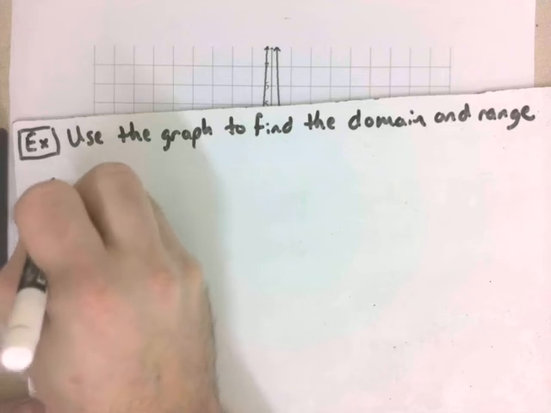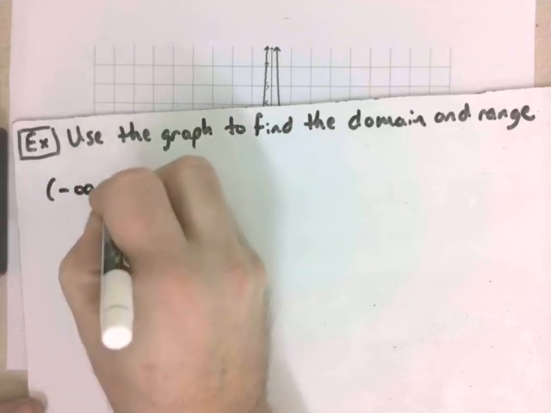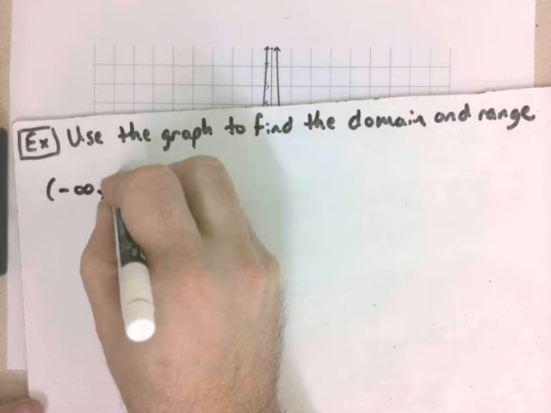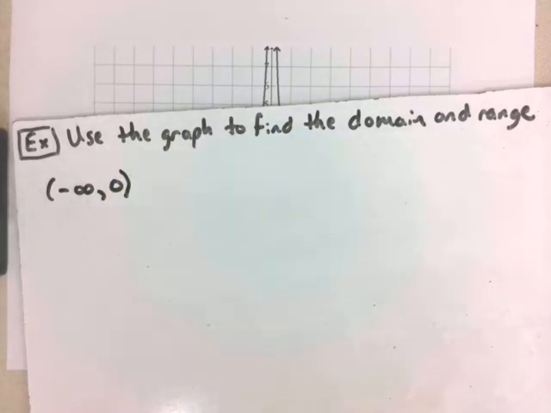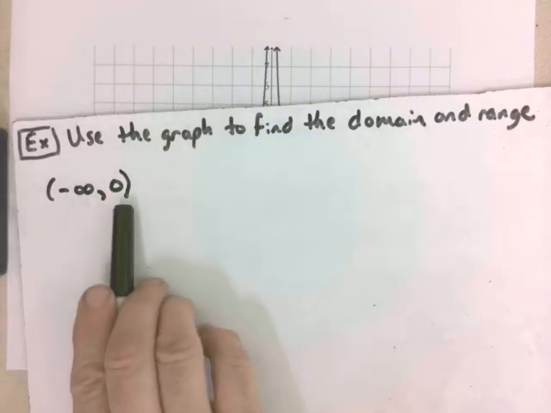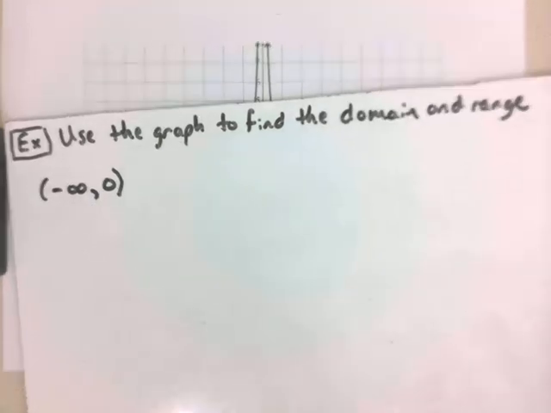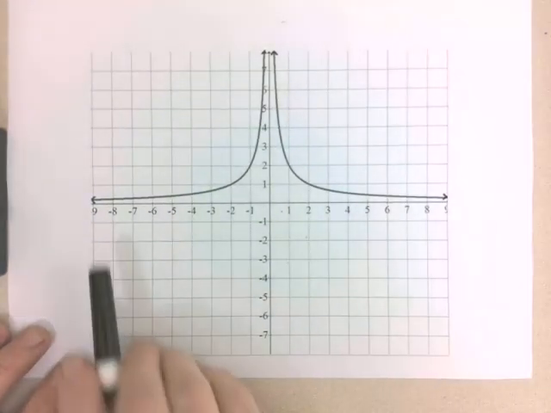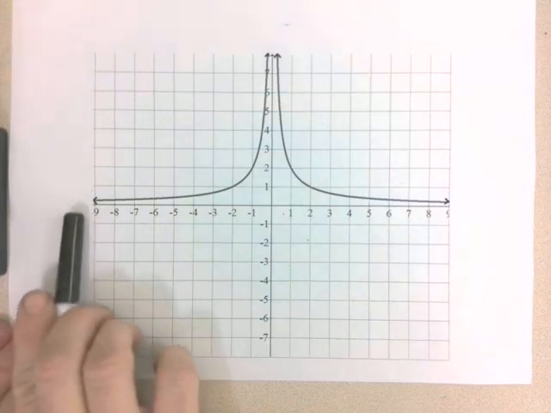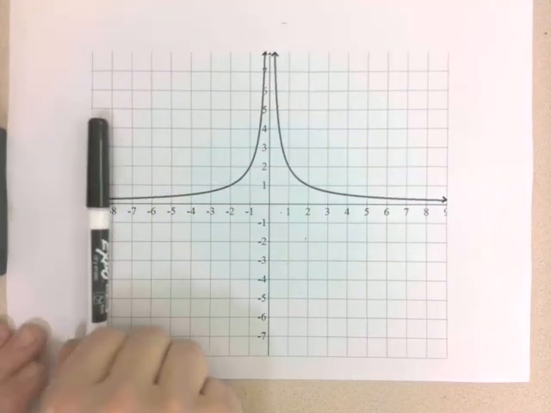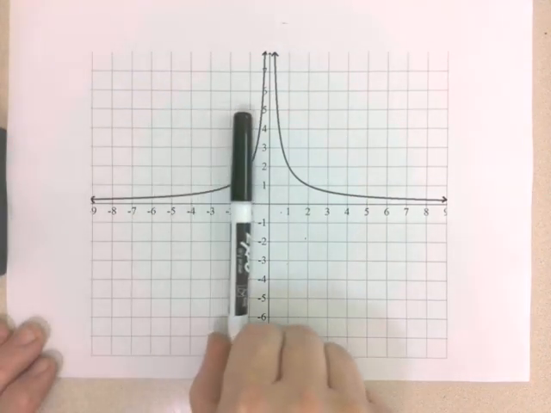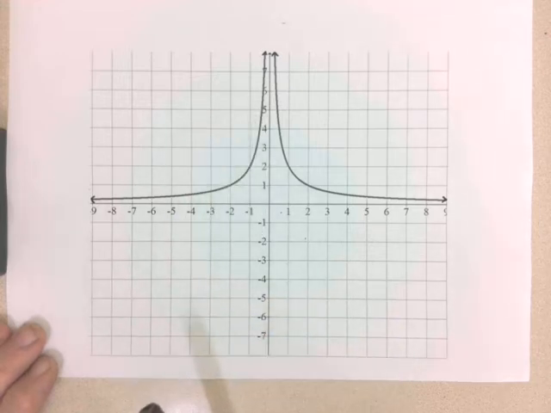Our graph is going from -infinity and getting very, very close to 0, but not touching it. If it touched 0, then we would want to bracket there, but we're just going to get close to 0.